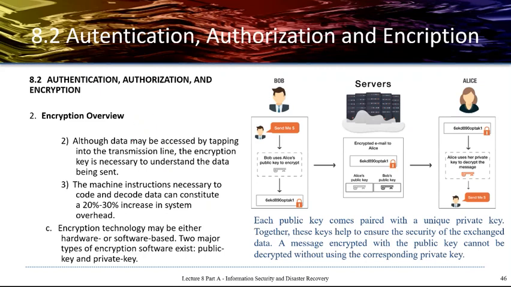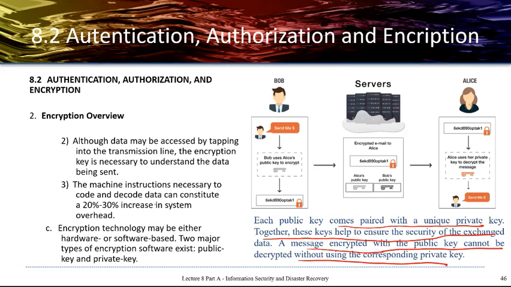So, encryption overview: although data may be accessed by tapping into the transmission line, the encryption key is necessary to understand the data being sent. Each public key comes paired with a unique private key. These keys help to ensure the security of the exchange of data. A message encrypted with the public key cannot be decrypted without using the corresponding private key.